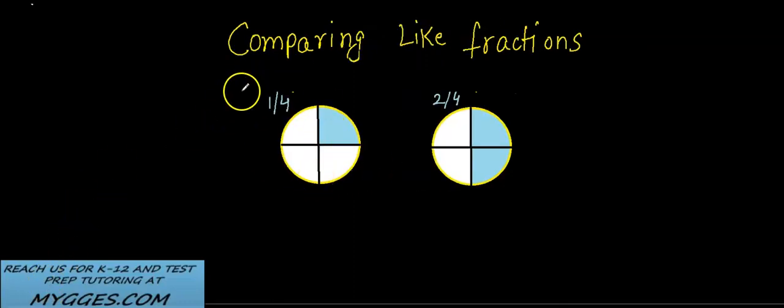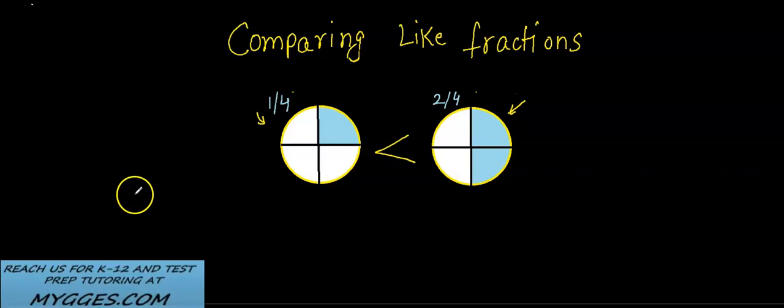As you can see in the first figure, one part is shaded, and in the second figure, two parts are shaded. So the fraction with more parts shaded is always greater. So in this case, this fraction is greater.